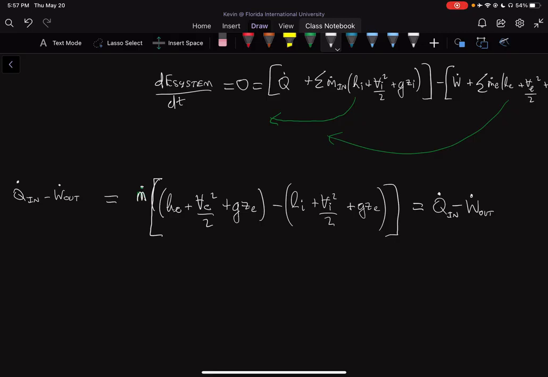And we can now say, what if we bring our mass flow rate to the left side? If we bring our mass flow rate to the left side, we can use specific heat energy and specific work.